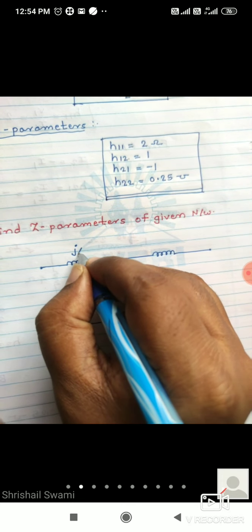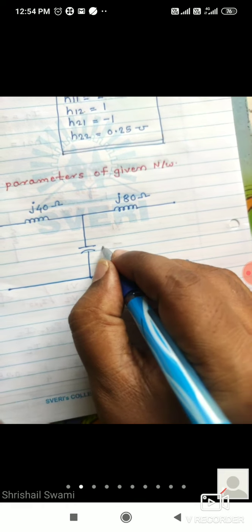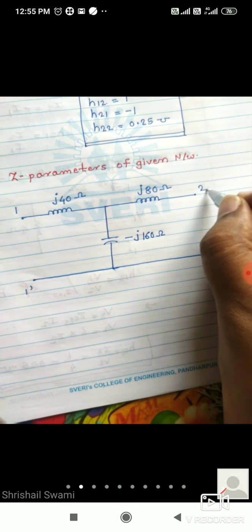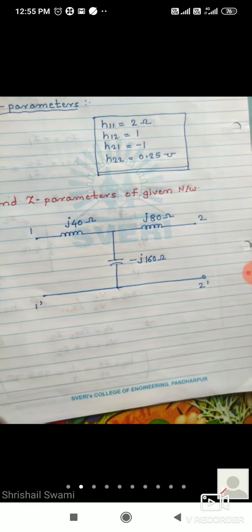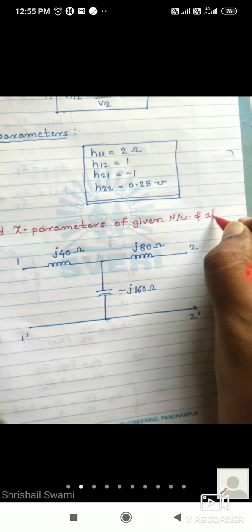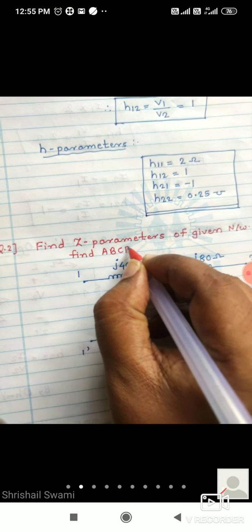So their impedances are given J40 ohm, J80 ohm, and this is minus J160 ohm. Okay, 1 dash. If not given, you can take 2 dash. So they are asking Z parameters of given network and also find ABCD parameters or transmission parameters.